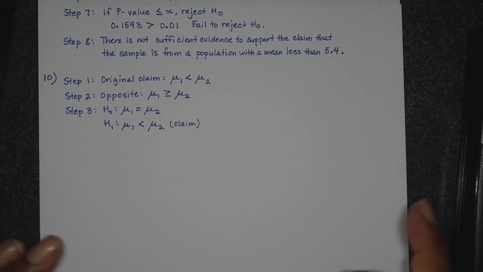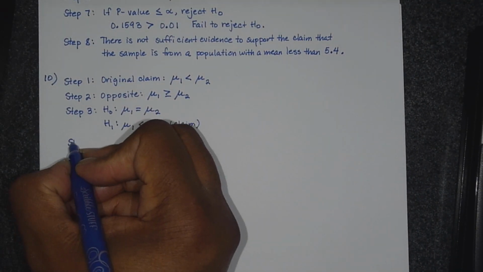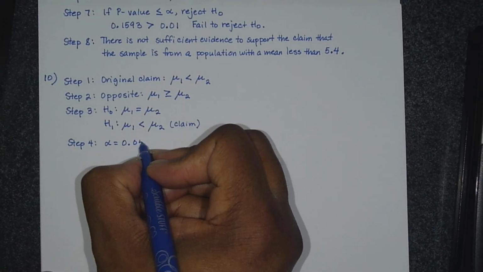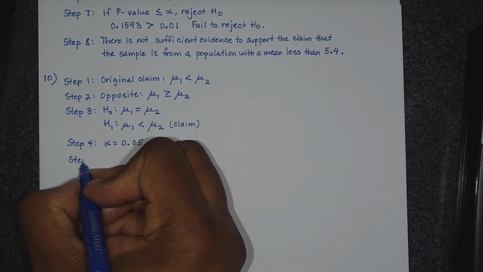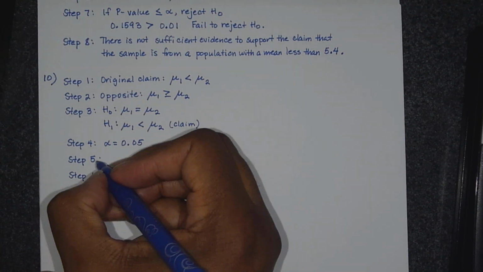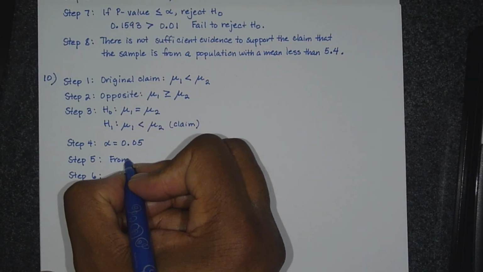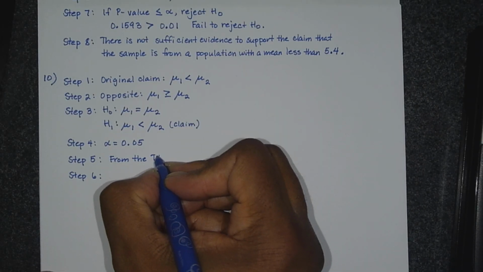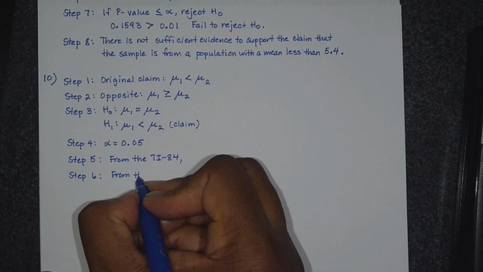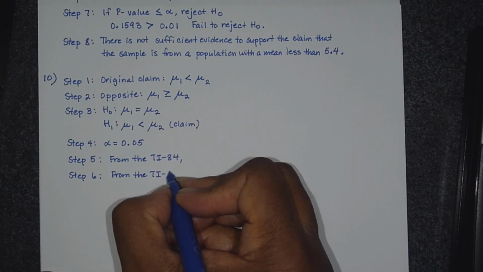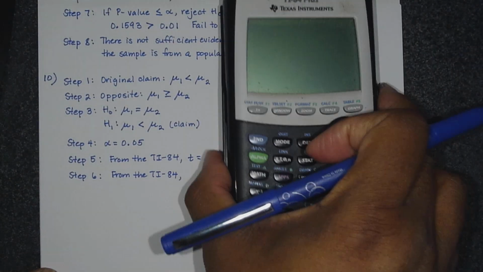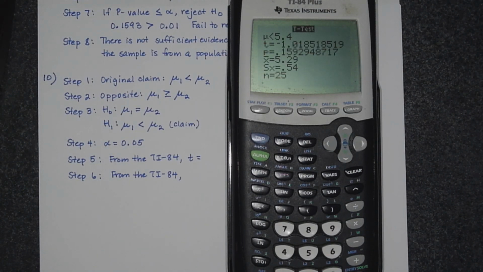All right. And then step number 4 is our level of significance. That will have to be 0.05. All right, and step 5 and step 6, we're going to get those from the TI-84. So it'll be T, in this case, since we're dealing with means here.